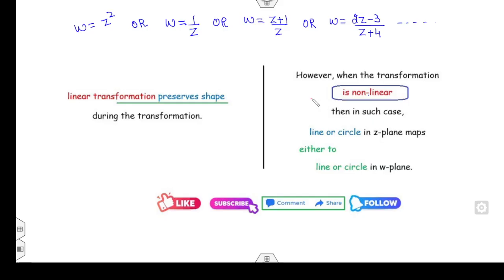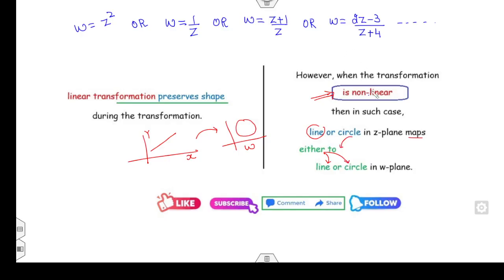Whenever you have a non-linear transformation, then a line in the xy plane can map in the w plane to a circle as well. So the line maps either to a line or to a circle. On the other hand, a circle maps either to a line or to a circle.